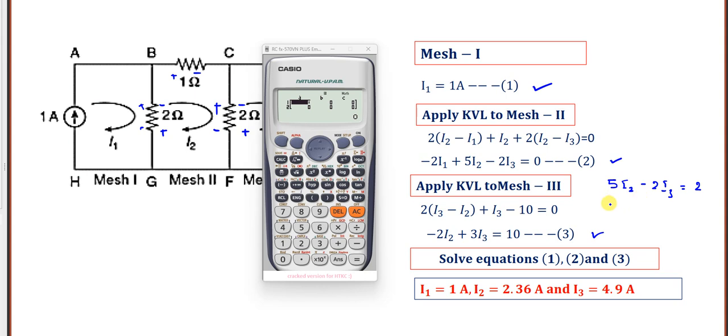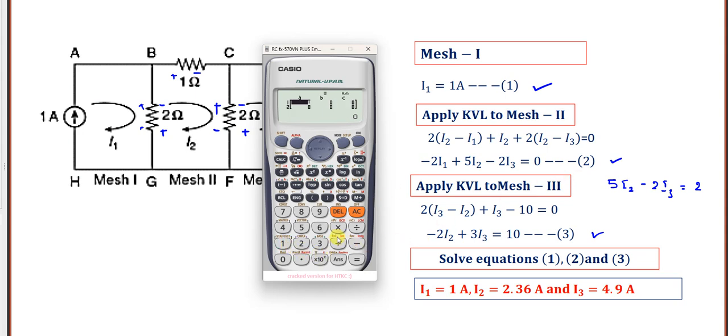You can solve the 2 cross 2 matrix with two unknown variables. Now you have to select ax plus by equals c and so on, because I1 is already known. Remaining two variables are I2 and I3. So select equation option number 1.